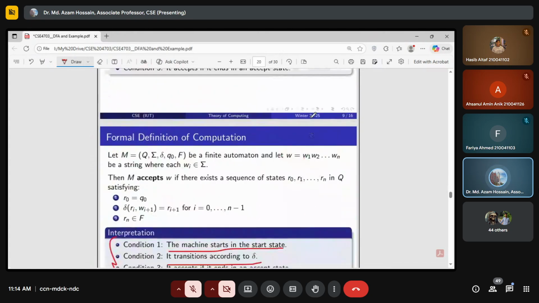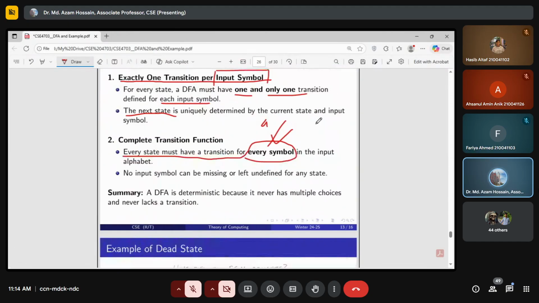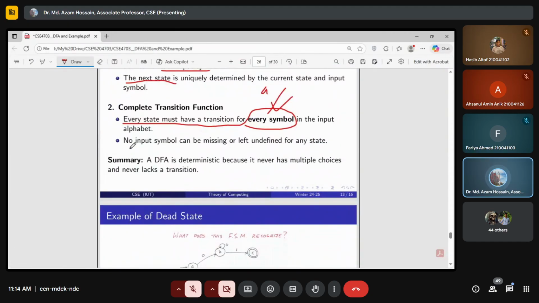If you have that, it is called a deterministic finite state machine. So no input symbol can be missing or left undefined for any state. In summary, the DFA is deterministic because it never has multiple choices and never lacks a transition. It means from each state, you consume all the symbols and move forward to the next state.